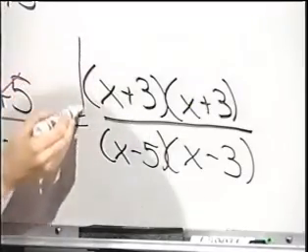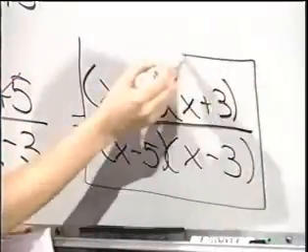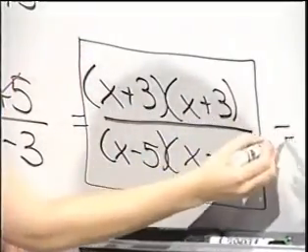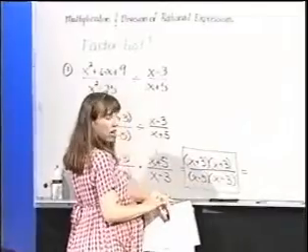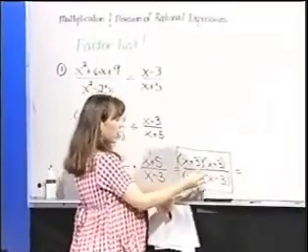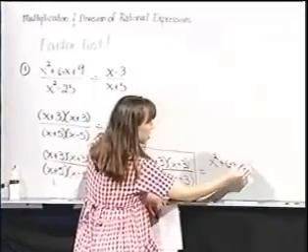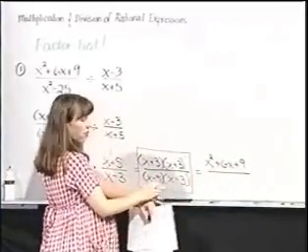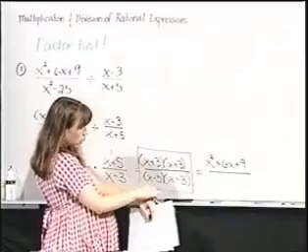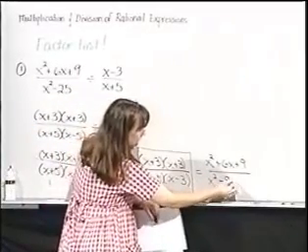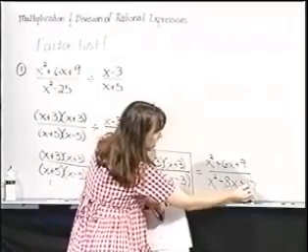So you can either leave your answer just like this, or you can FOIL it or multiply it out. Rewrite this as a polynomial, x squared plus 6x plus 9, and rewrite the bottom as a polynomial, which is going to be x squared minus 8x plus 15.